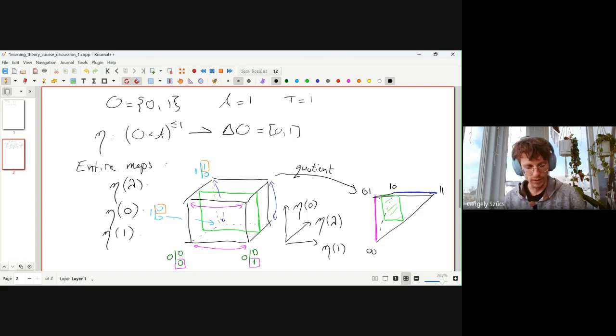That's going to be a general phenomenon, that the extremal points of the stochastic environments are exactly the deterministic ones. Any question about this so far?